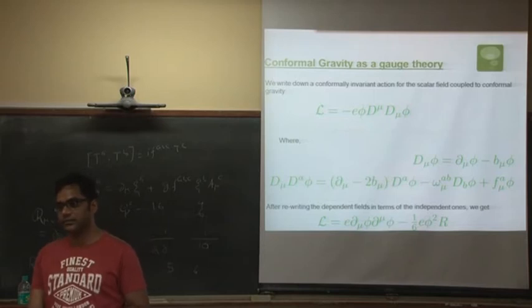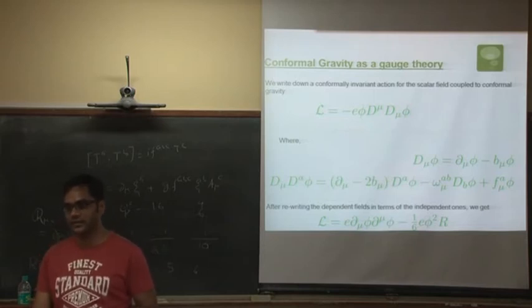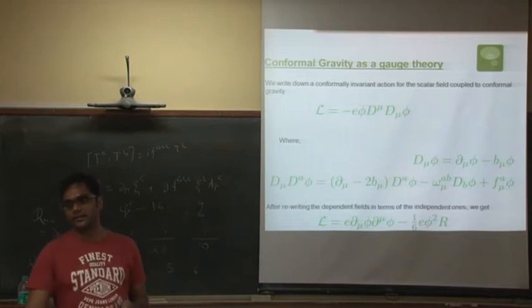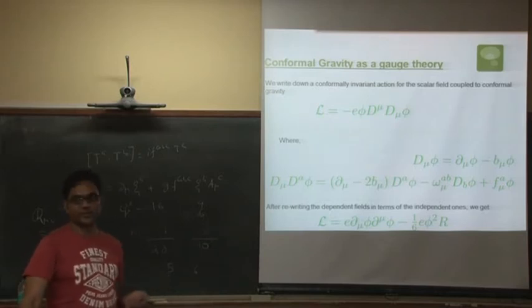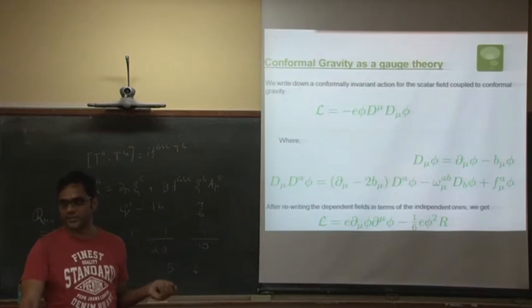But this is just a conformally coupled scalar? Right, it's the conformally coupled scalar. So it's invariant under the whole conformal group, but special conformal transformations are trivial, because nothing is transforming under special conformal transformation.